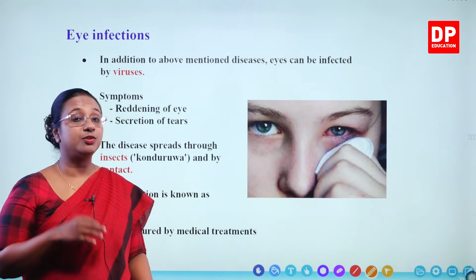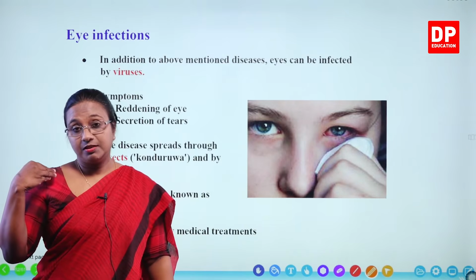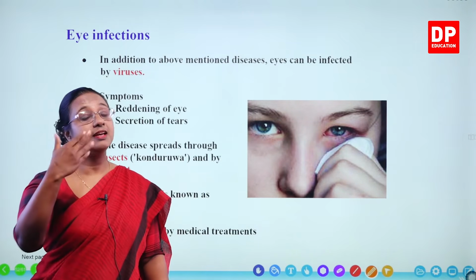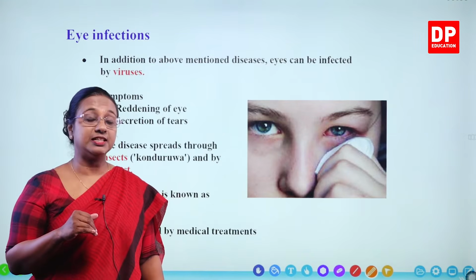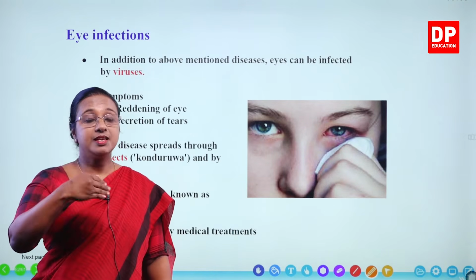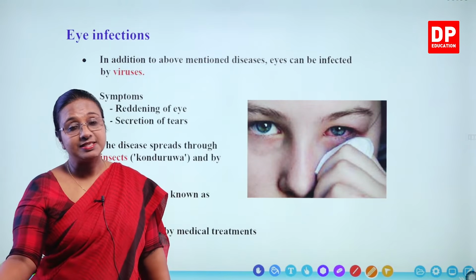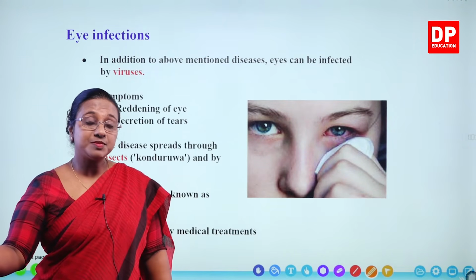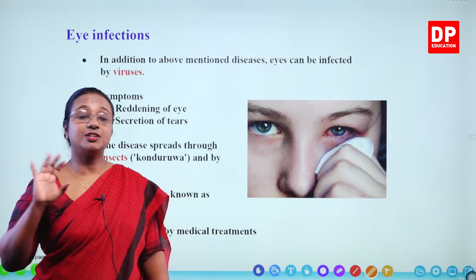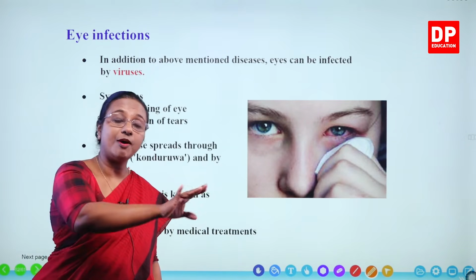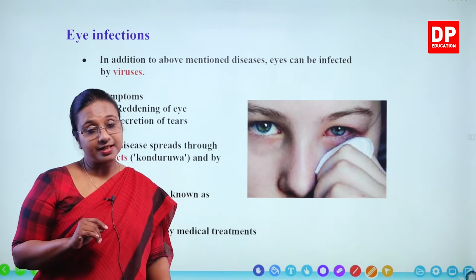So it can spread through insects. Say if the insect carries the virus, it can spread from one person to the other. Now say when you are tearing, you use your hanky to wipe off your tears. If you place it somewhere, an insect comes and stays on that, the virus gets stuck to the insect's body. Then from there, it can be spread to another person.